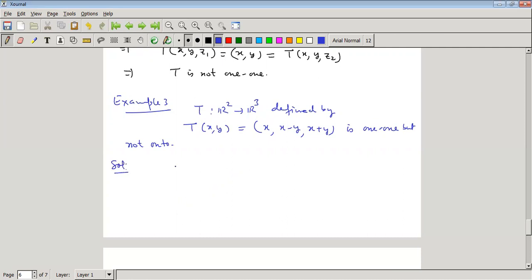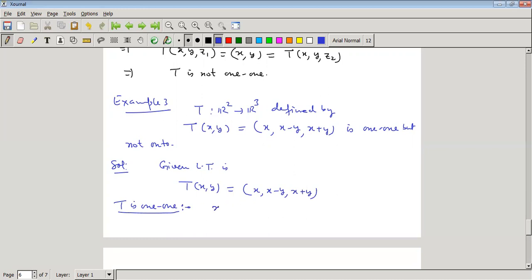So the given linear transformation is T of x comma y is equal to x comma x minus y comma x plus y. So first, T is 1-1. How can we go about this?